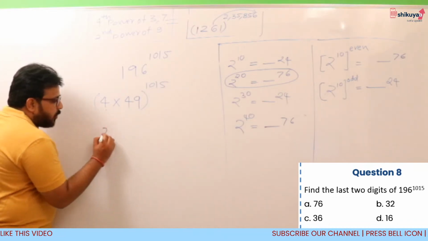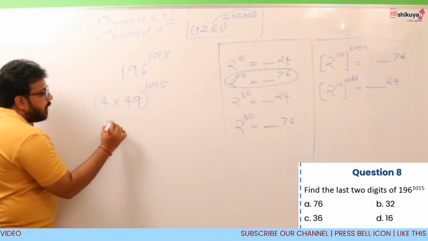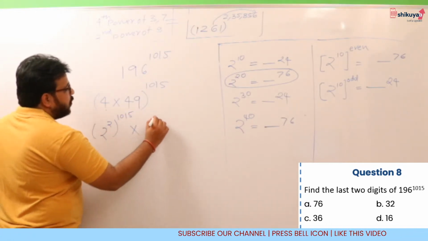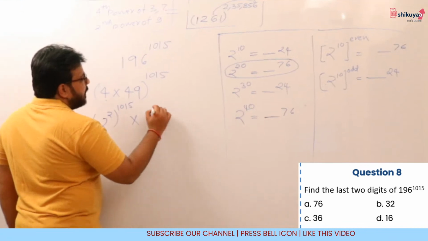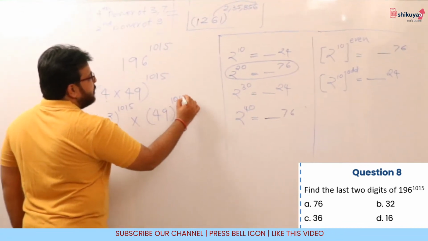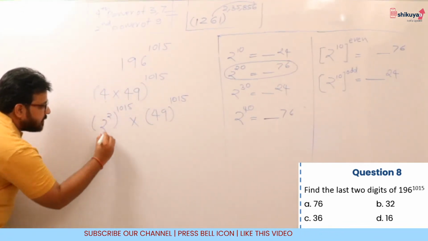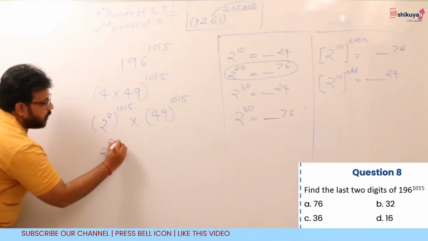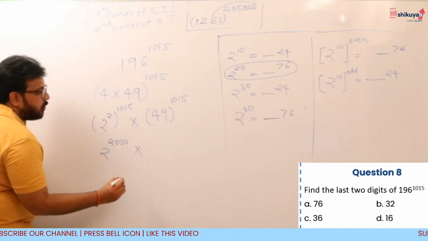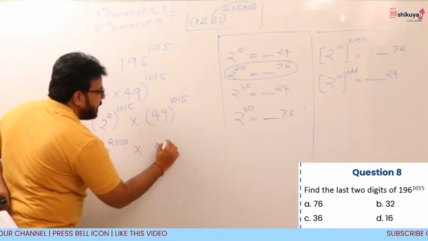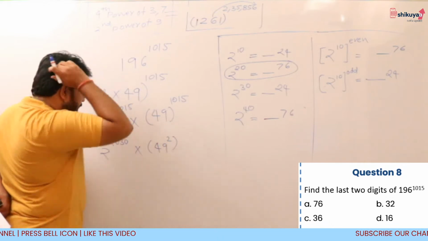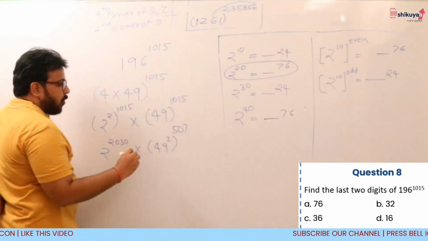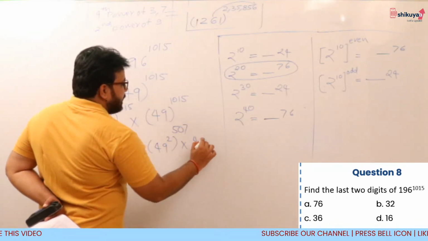This one is actually 2 raised to 2 raised to 1015 into 49 raised to 1015. Correct? Look at this. 2 raised to 2030 into 49 raised to 2 raised to 507, if I am not wrong, into 49. That's it.